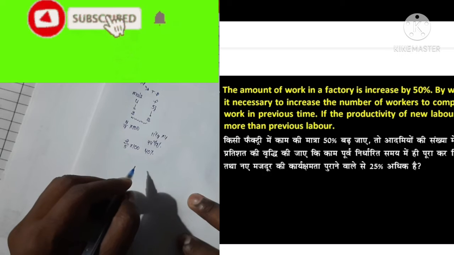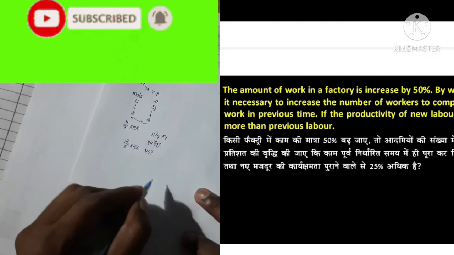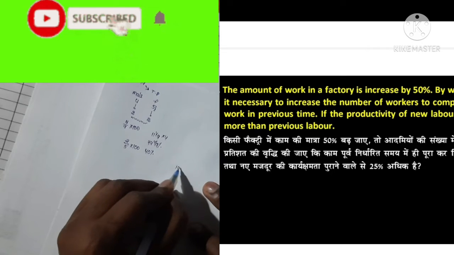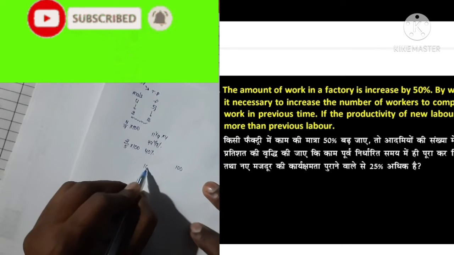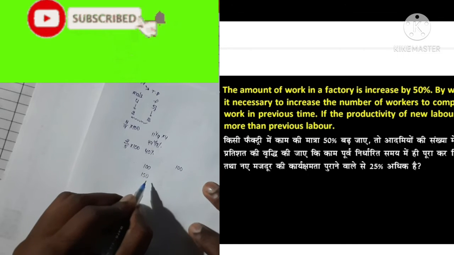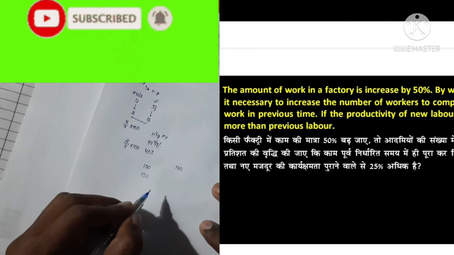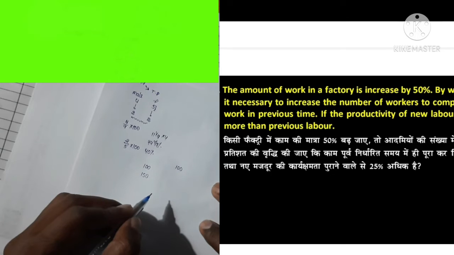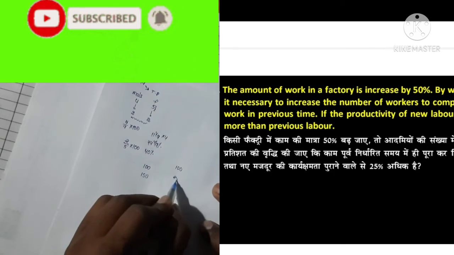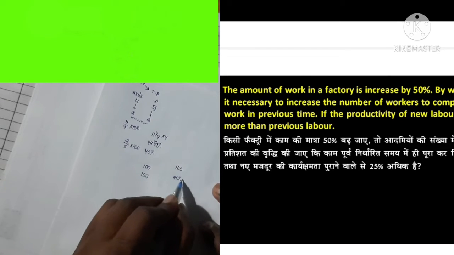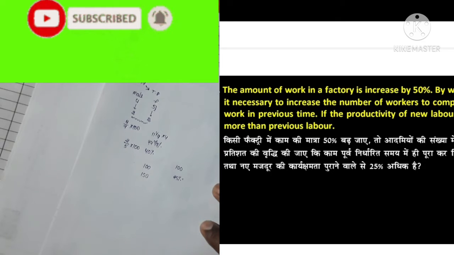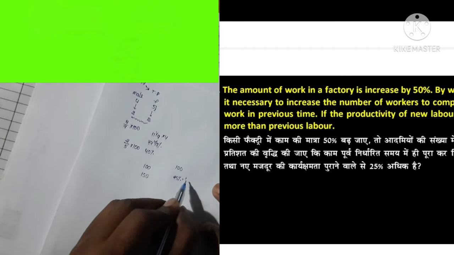The amount of work in a factory is increased by 50%. So take total work as 100. It is increased by 50%, that means 150. The productivity of labor is 25% more than the previous, so 1 by 4.